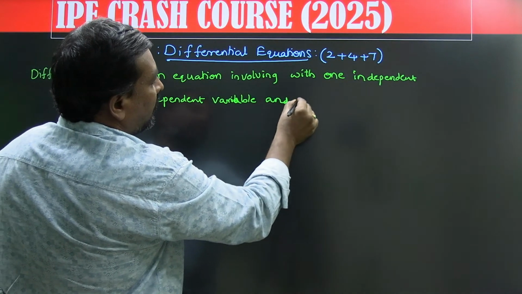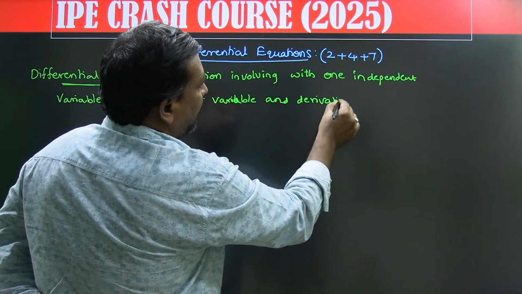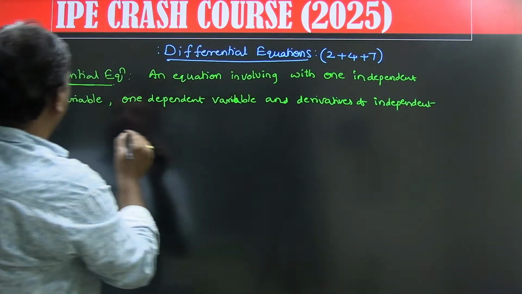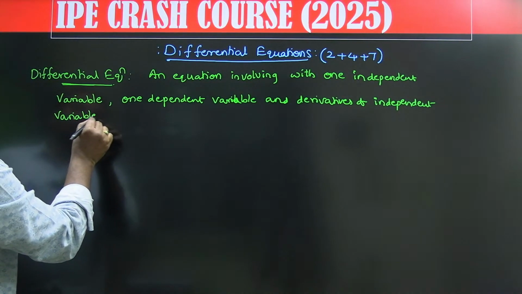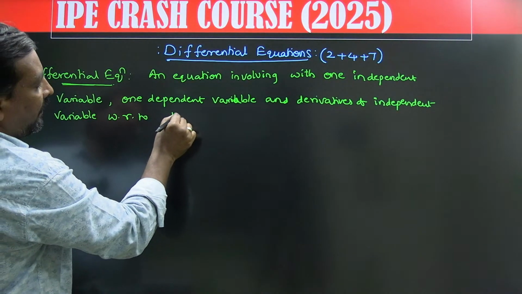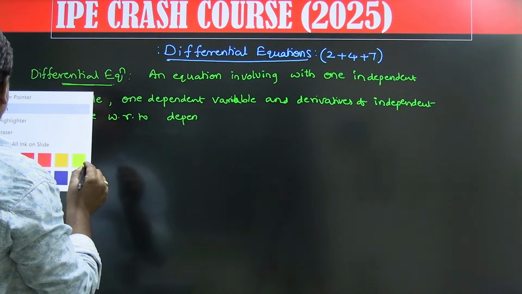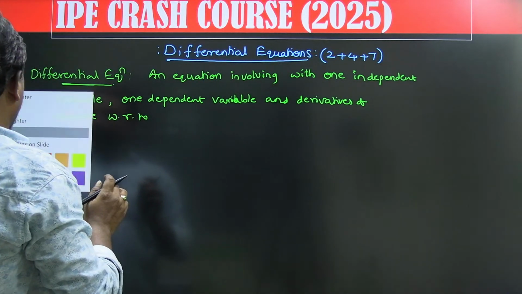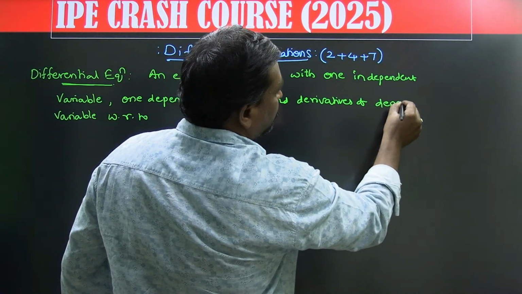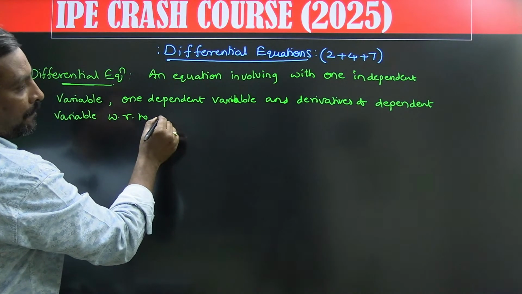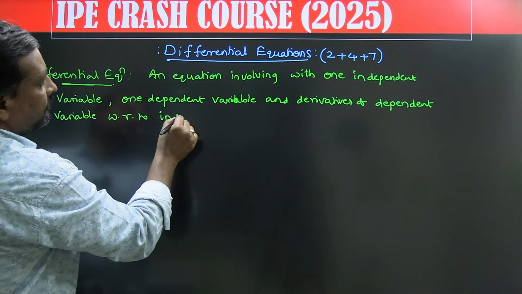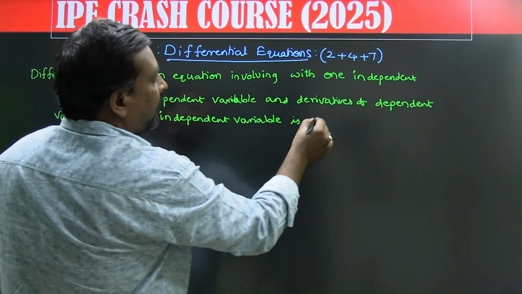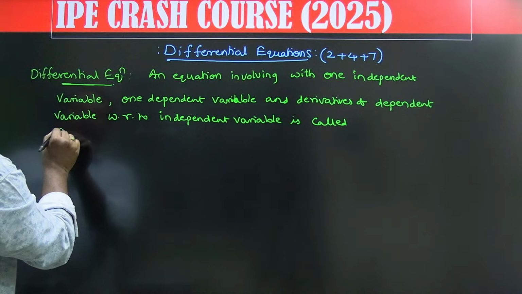and derivatives of independent variable with respect to dependent variable, derivatives of dependent variable with respect to the independent variable is called the ordinary differential equation.